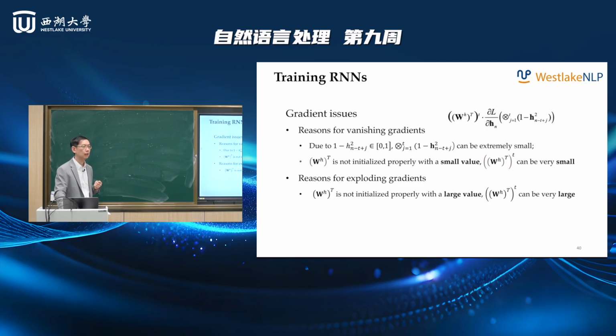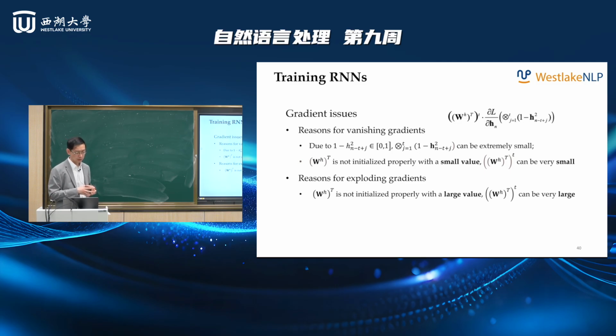Gradient diminishing. So something even more severe: if the norm of this W is large, more than 1, then if you multiply the same matrix t times, this thing can grow larger than your numerical capability, causing numerical overflow.